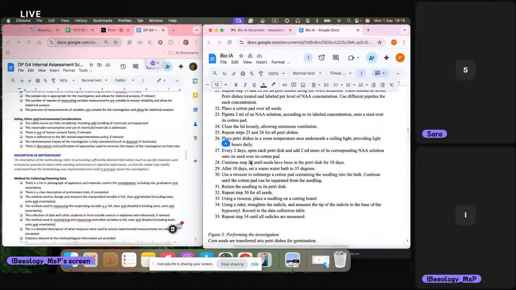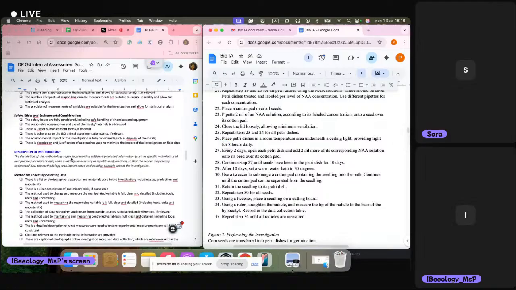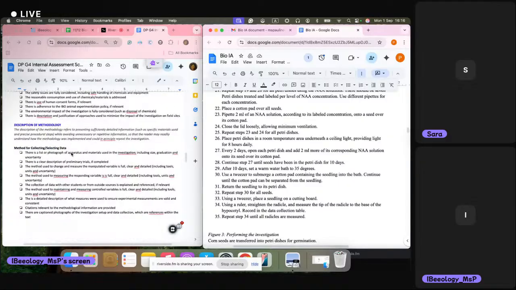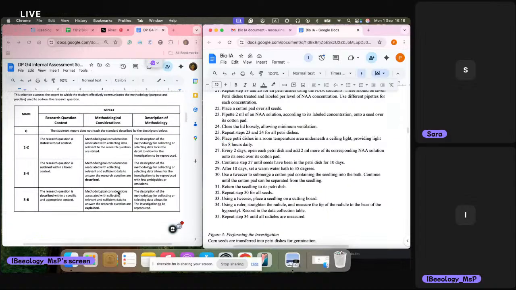It's not going to help other students repeat your lab report, because it's also a gauge. The teacher also gauges how repeatable your method is. It says here, the description of the methodology of collecting and selecting allows the investigation to be reproduced.